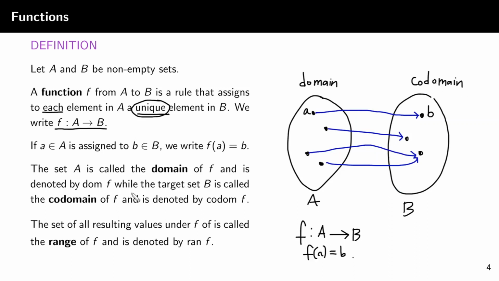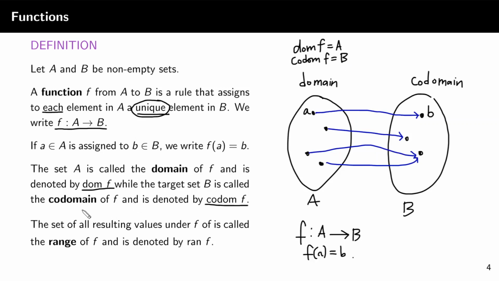So, meron tayong notation for domain and codomain. Ito yung notation natin for domain. Ito yung notation natin for codomain. So, for this particular function, yung domain natin is the set A. The co-domain is the set B.